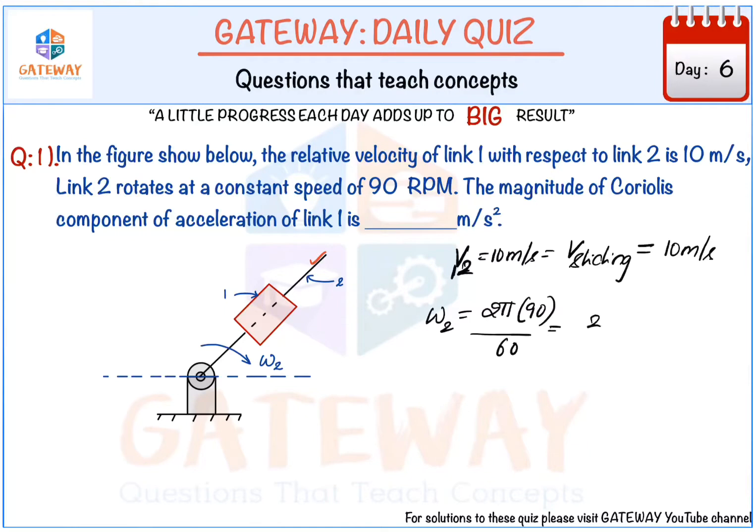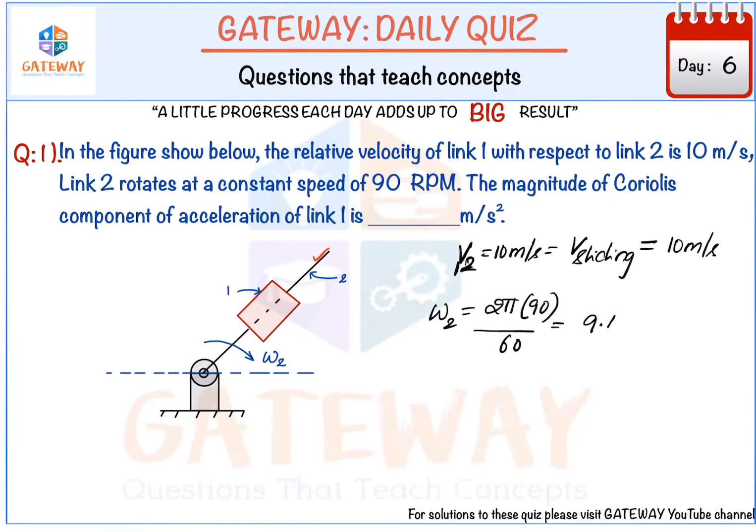Therefore, the omega value will be 9.42479 radian per second. Now the Coriolis component of acceleration AC is given as 2v omega. 2v, where v is the sliding velocity, and omega is the angular velocity of link 2.